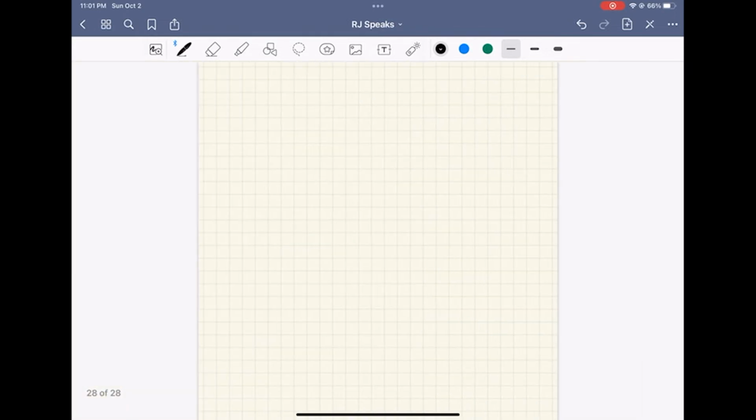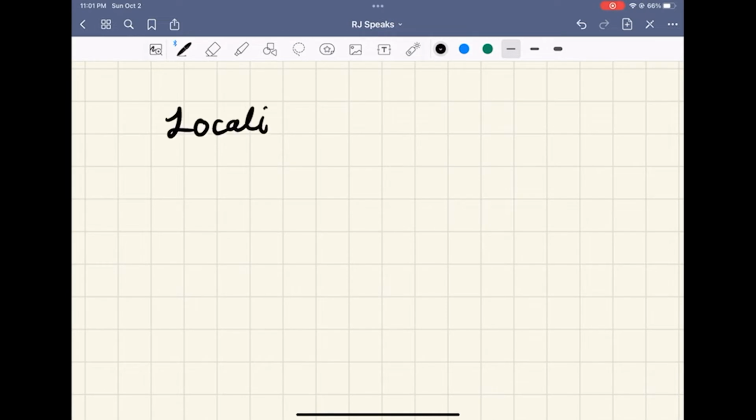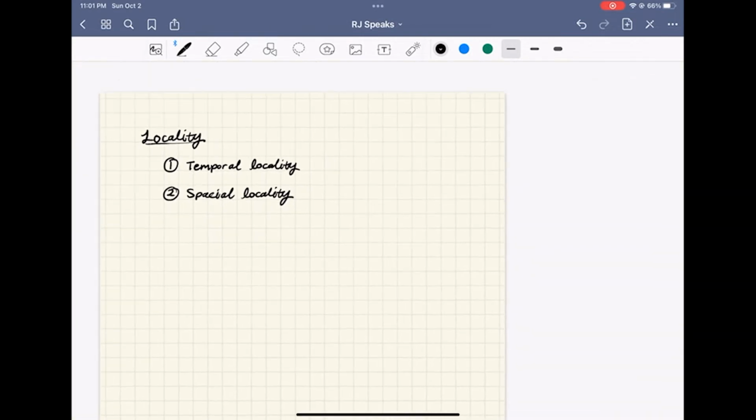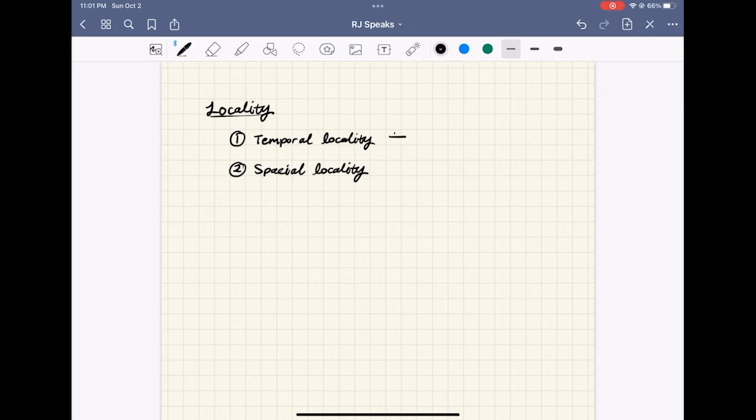In order to take full advantage of the storage room, we want to write programs with good locality. By locality, we mean two things: temporal locality and spatial locality. Temporal means time, and it's the assumption that if we need an item from a box, we're very likely to need it again in the near future.